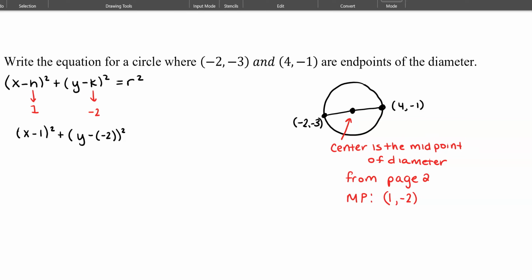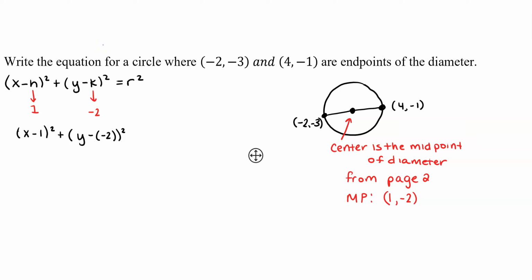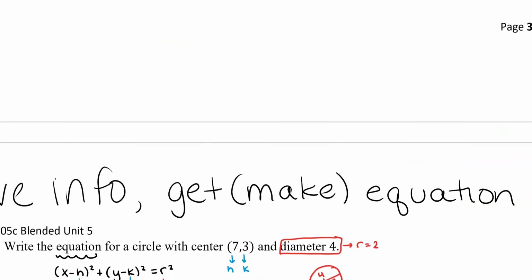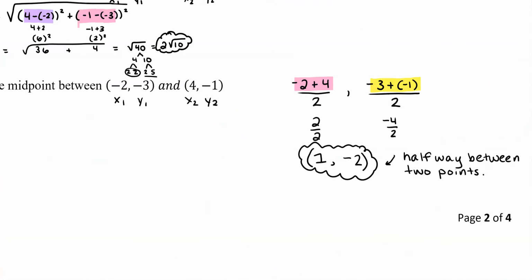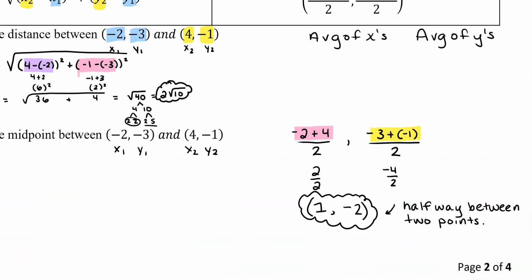And now for r, well, this is a diameter, so the radius is half of the diameter. Now, we did the diameter on page 2. Let me go back up and get the number. So the diameter was square root of 40, or 2 root 10.